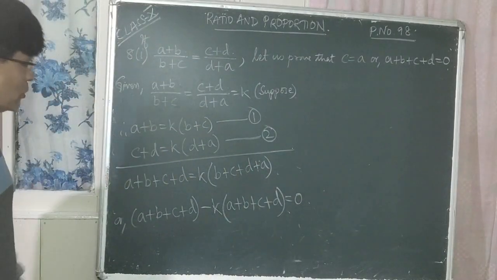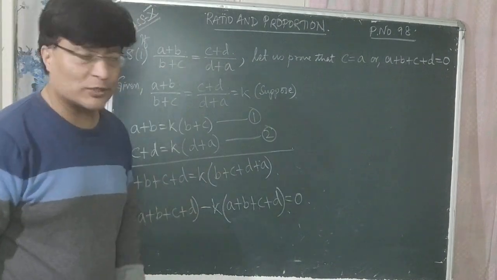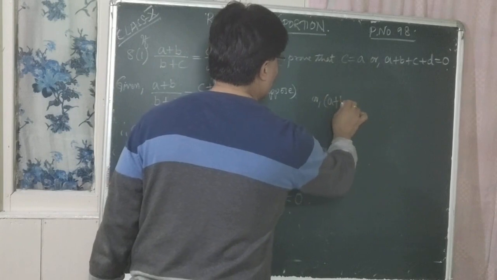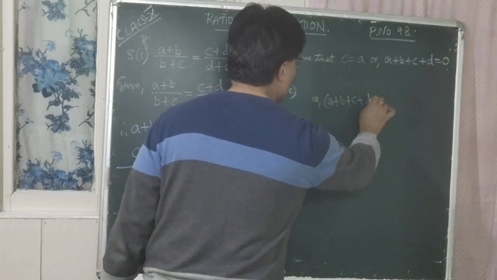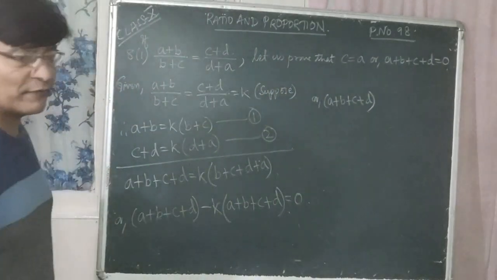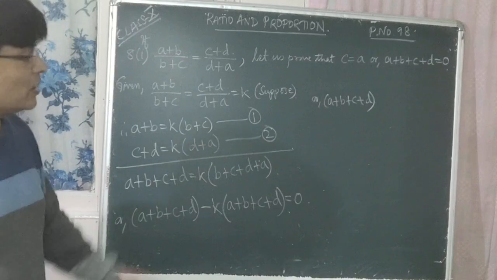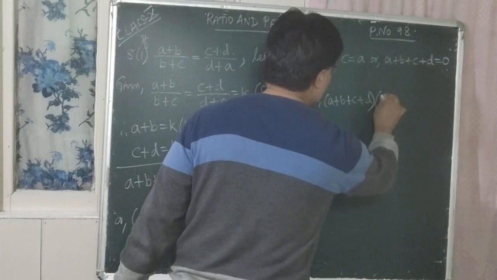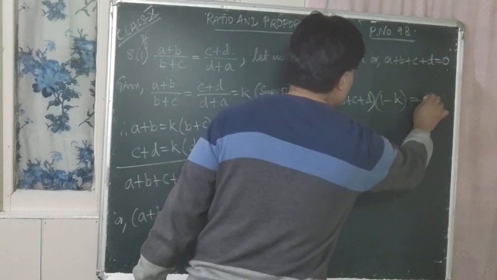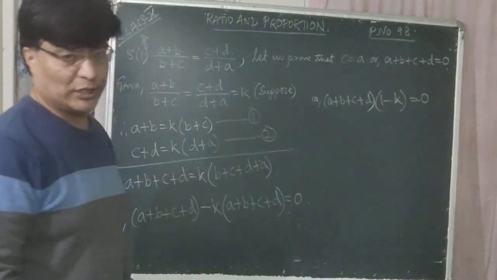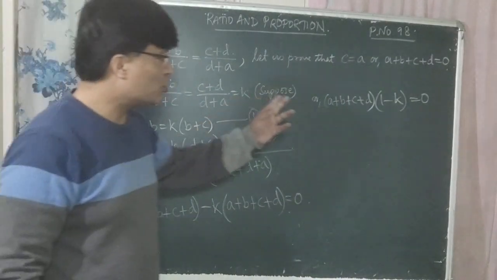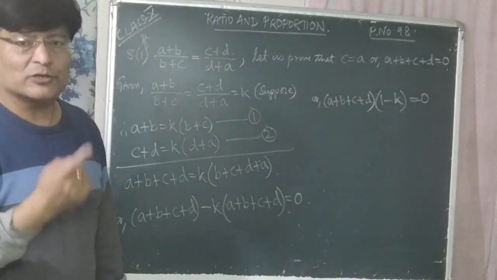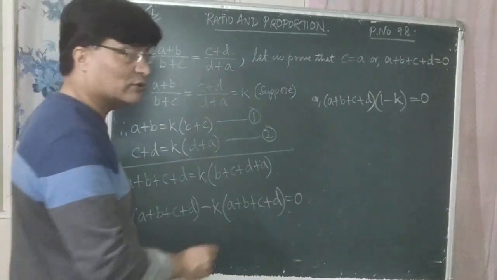So now what will you do? Let us take common out here. a + b + c + d is taken common from these two factors. Within the bracket, write down the remaining terms: (1 - k) = 0. Since the product of these two factors is equal to 0, either the first factor is equal to 0, or the second factor is equal to 0.